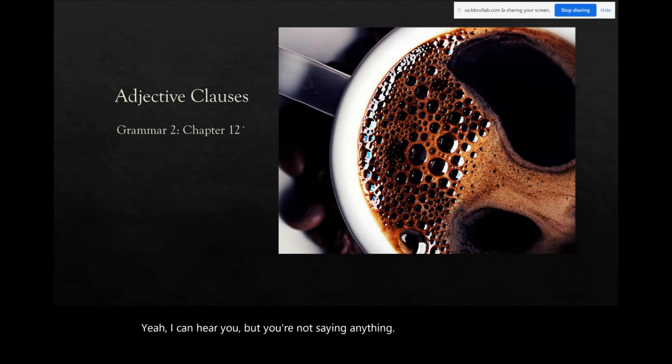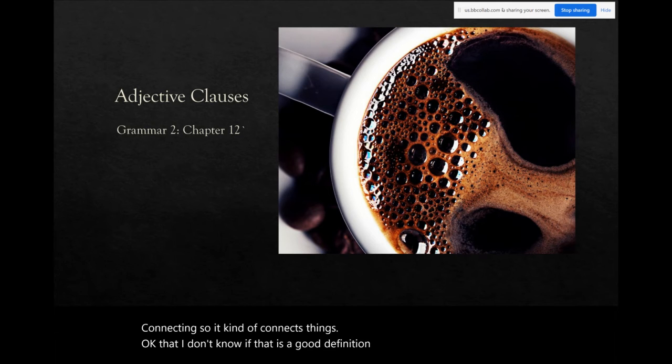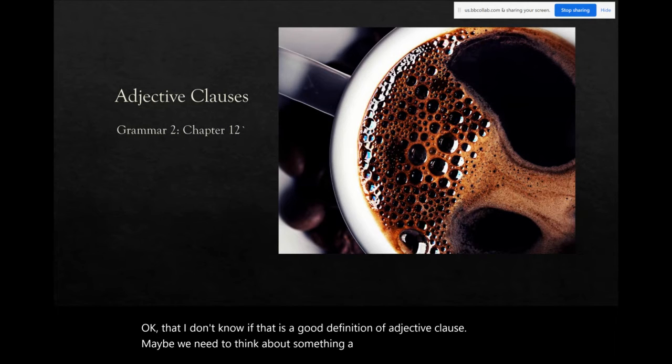Oh, I was trying to say, I don't know the definition, but it's something that connects two different things. So it kind of connects things. Okay, I don't know if that is a good definition of adjective clause. Maybe we need to think about something a little more specific.